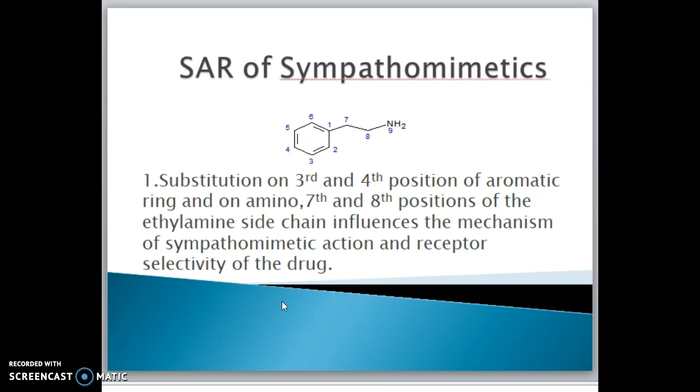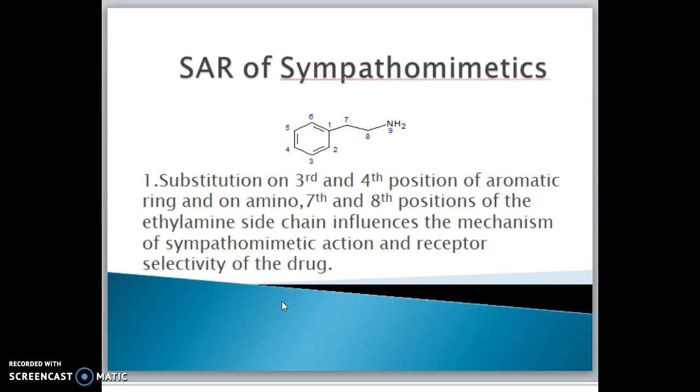Coming to substitutions, if you look at where the substitutions have to be carried out, the major positions are the substitution on the phenyl ring at the 3rd and 4th positions, then the 7th and 8th positions of the ethyl side chain, and of course the amine nitrogen.